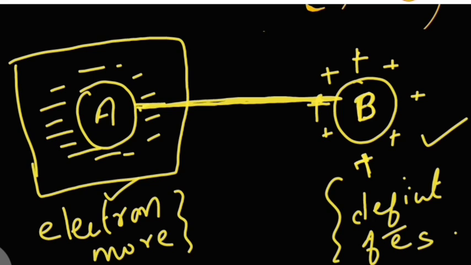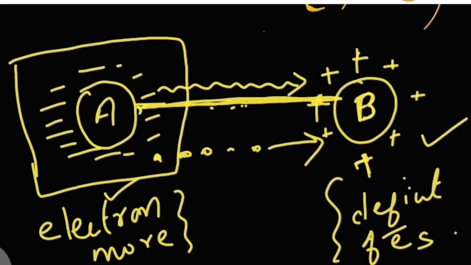From the place where there are more electrons, they will start moving and try to reach conductor B. Since they are connected, they have a path for movement. The electrons will travel through the conducting wire and reach B, and this flow will continue.